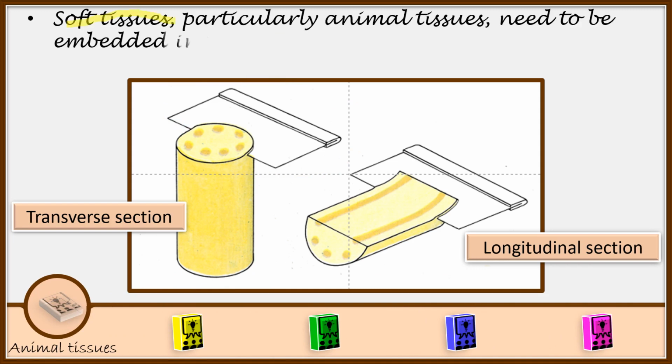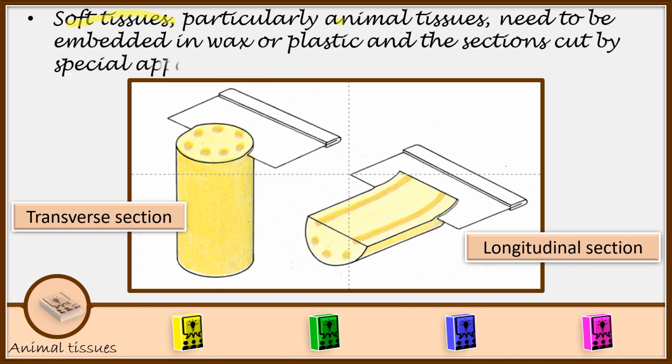Soft tissues, particularly animal tissues, need to be embedded in wax or plastic, and the sections cut by special apparatus.